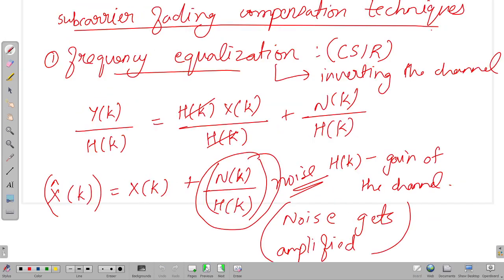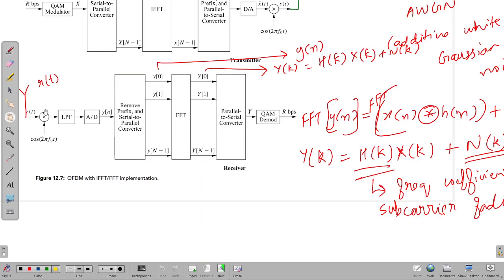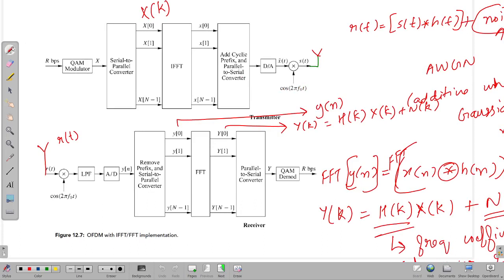You can see in the diagram, you have a QAM modulator here, and this QAM modulator can be 2 QAM, which could be the same as BPSK, or maybe 4 QAM. So using 4 symbols in the constellation, it is almost like a QPSK. So 2 QAM could be like a BPSK, something like this.